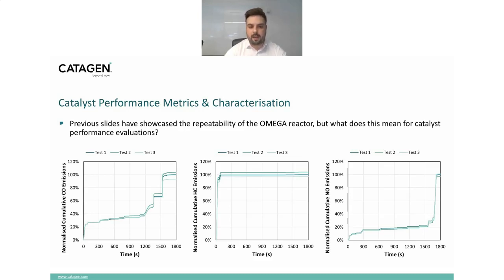We see, again, pretty good agreement across the board for CO, with a couple of regions that I'll discuss in the next slide. Hydrocarbons, again, predominantly cold start related, and again, very good agreement there. And NOx, predominantly during the transient phases at the end, where we had quite a lot of breakthrough NOx, and that's where we're seeing most of the NOx coming during the test, but we're seeing excellent agreement there between the three different tests.